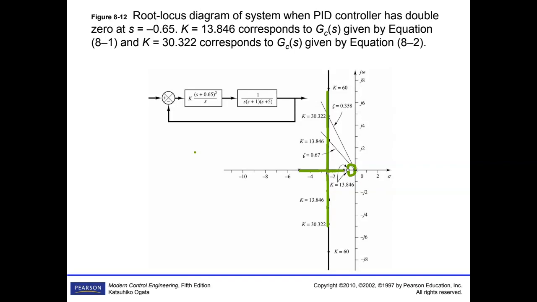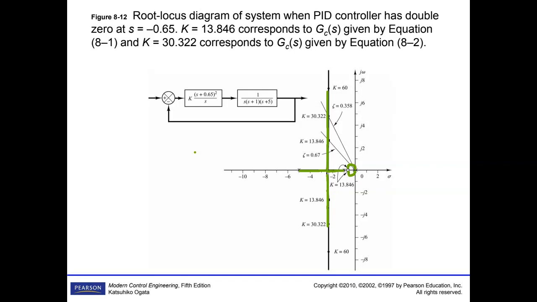K13, by the way, they are almost very near to zero. So that means these two actually dominant poles are cancelled by those double zeros, which we add here, and then we end up with this curve.